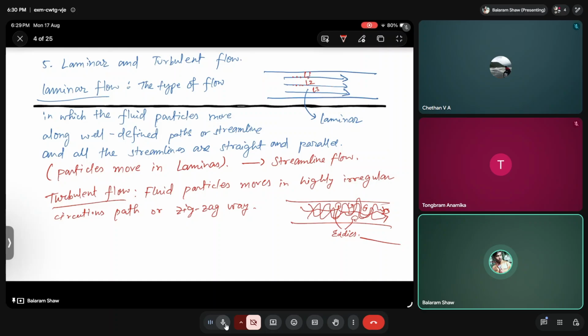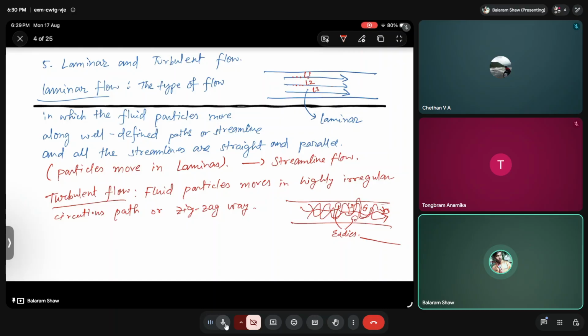We call that transition flow. For these, we use the Reynolds number. We'll come to the Reynolds number later. Maybe first we'll do some questions and then we'll come back.